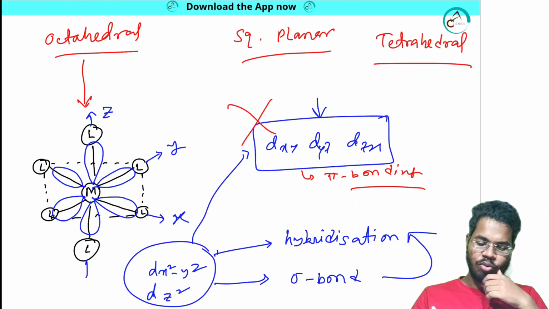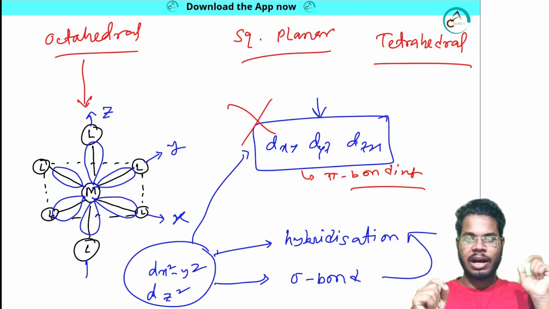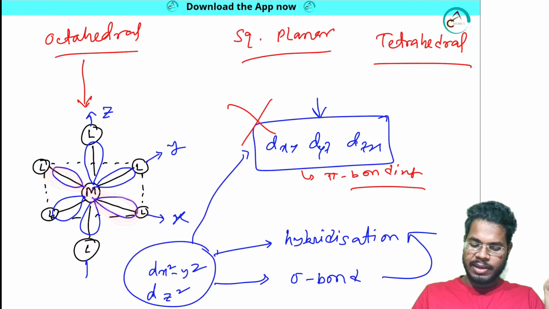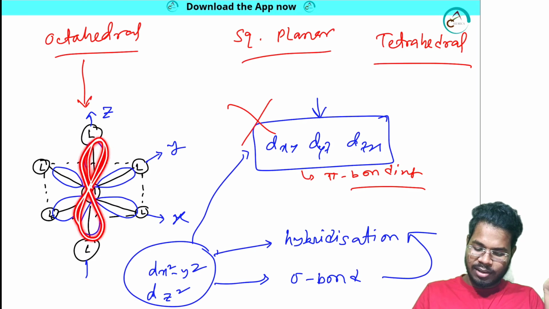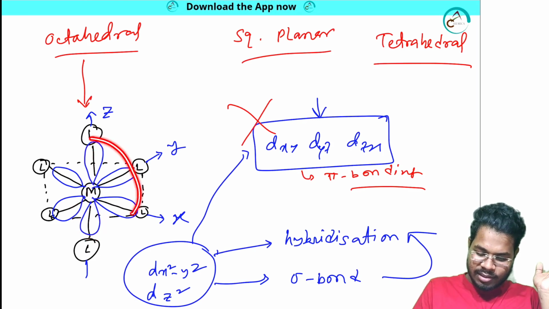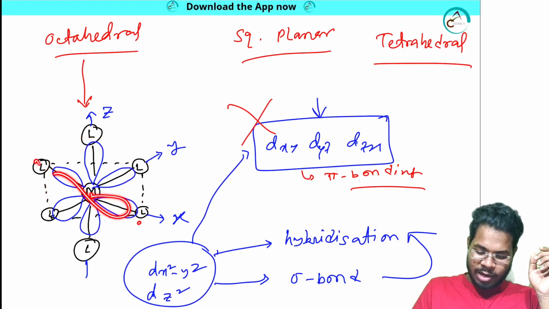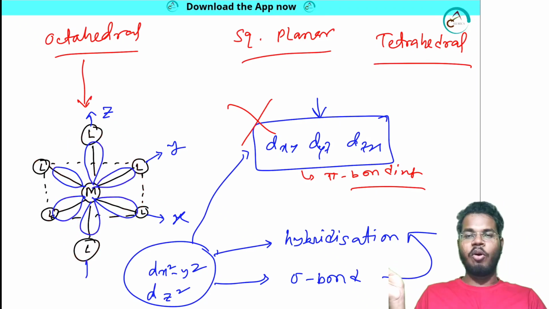So let me tell you, you know about the p orbital. How does it look? px, py, pz, each points along one axis, and s is spherical. So you can see px touching the ligand, py touching the ligand, pz touching the ligand, and even s, being spherical, touching all the ligands.